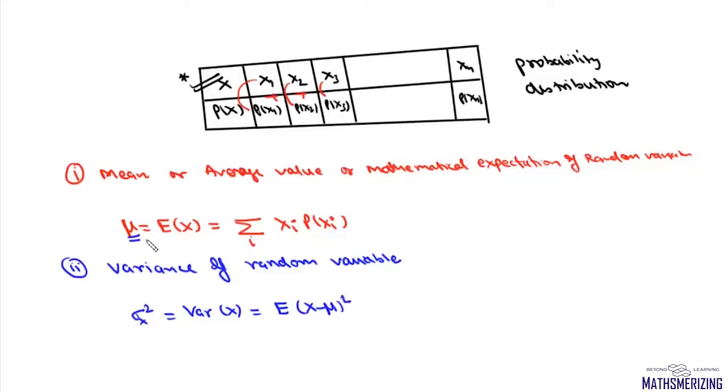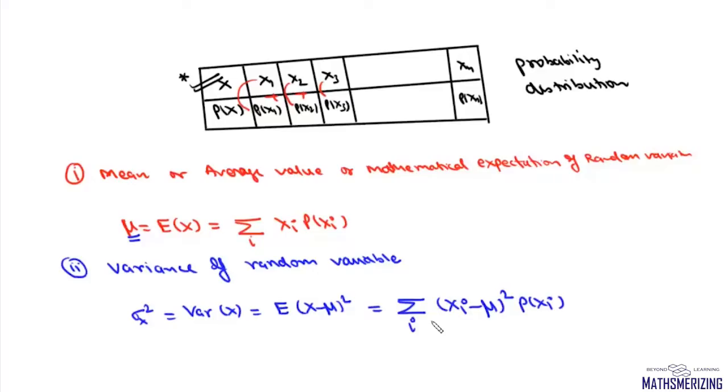So if mu is the mean of the random variable, then its variance is the expectation of (x minus mu) square, which is basically this summation of (xi minus mu) square into p(xi) over all i.